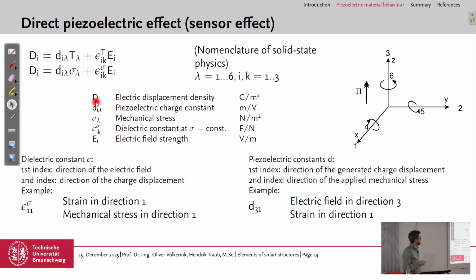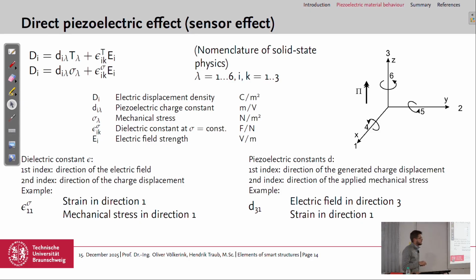So here we have again the different quantities: electrical displacement density D, or charge displacement, piezoelectric charge constant, the small d, mechanical stress sigma, epsilon for the dielectric constant measured at a constant stress, and the electrical field strength E.